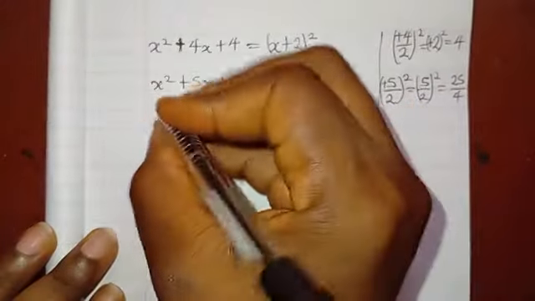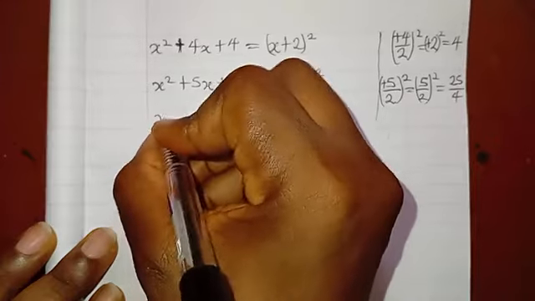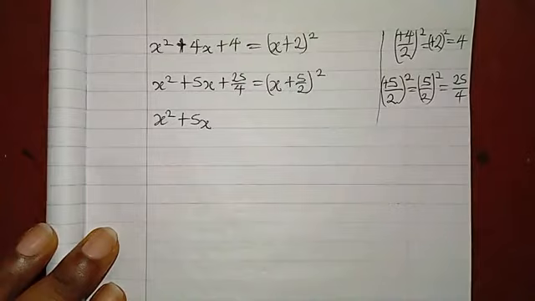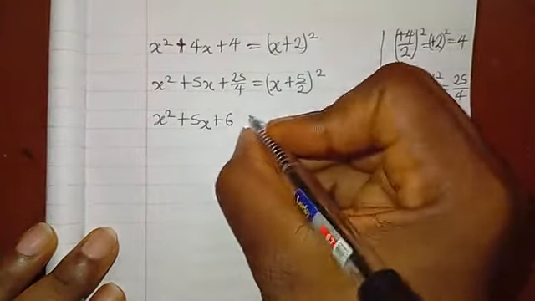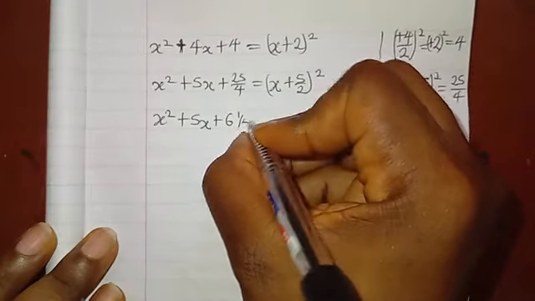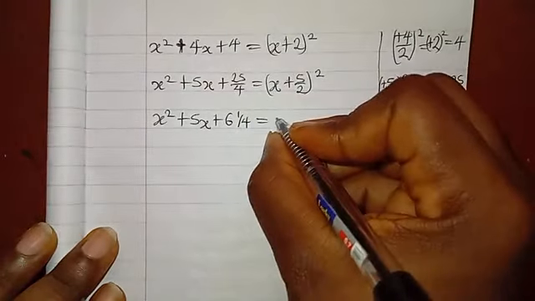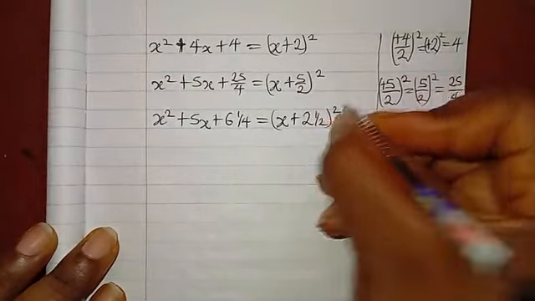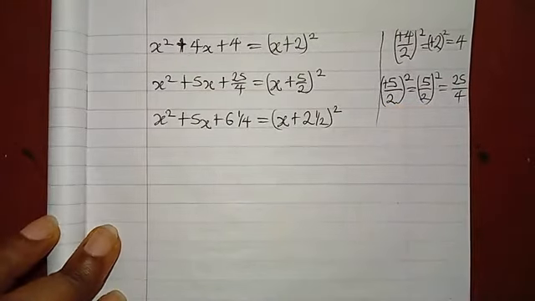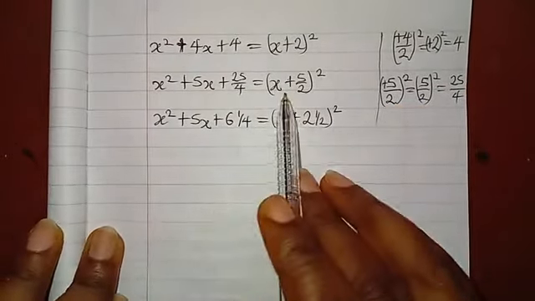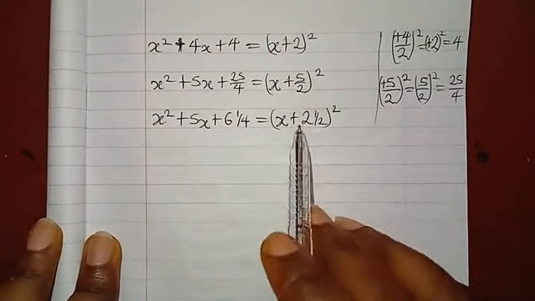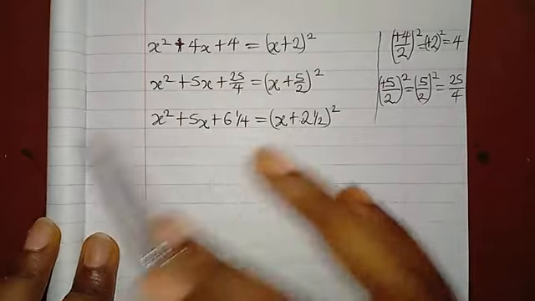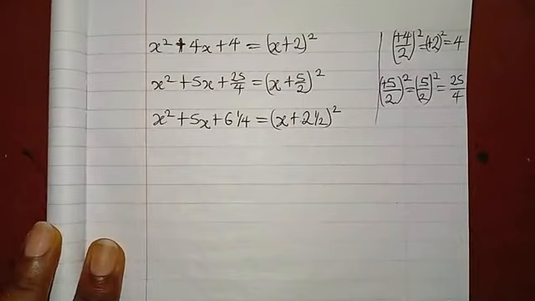So we'll now have x squared plus 5x plus 25 over 4, where 25 over 4 is actually 6 and 1 over 4, equal to x plus 2 and a half squared. So when you want to open up this part to get this part, always work with improper fractions, as they're easier to handle when you're calculating things.